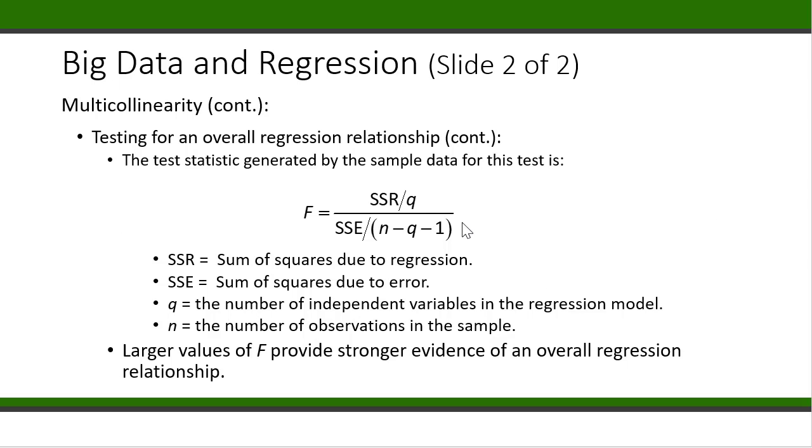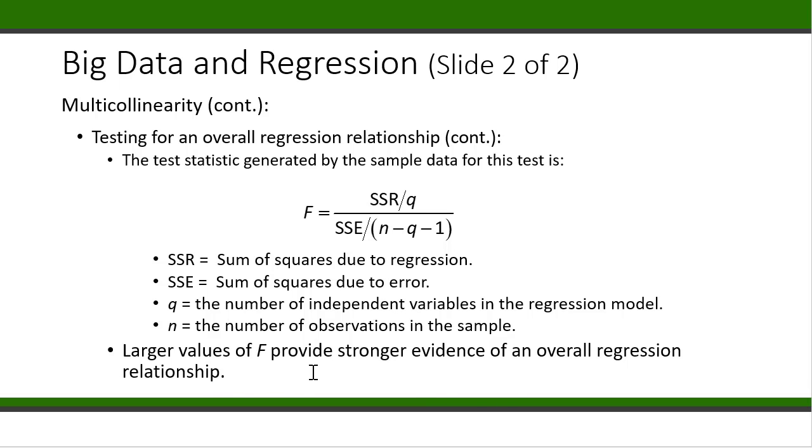So the F test is given by the following formula: the sum of squares due to regression divided by the number of independent variables in the regression model, over the sum of squares error divided by n minus q minus 1. So the number of observations minus the number of independent variables, minus 1. That's like your degrees of freedom.